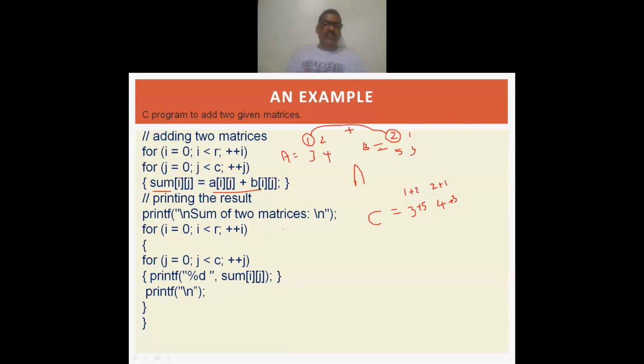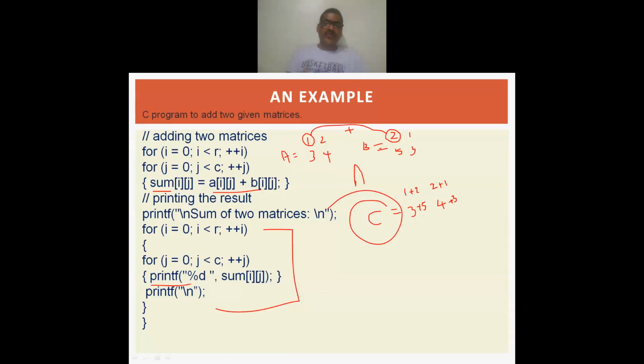This we are doing to compute the summation. Then after that, this is a loop we are using to print the resultant matrix after getting this summation. The same loop we are using here is similar to what we used in reading the matrices. Fine. This is an example showing how we can read, how we can display the result, and how we can compute the addition.